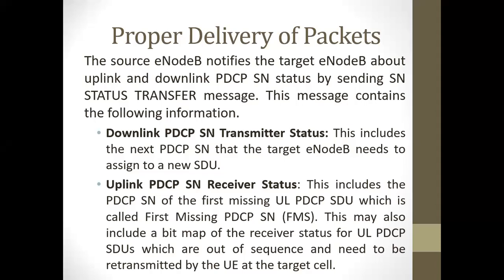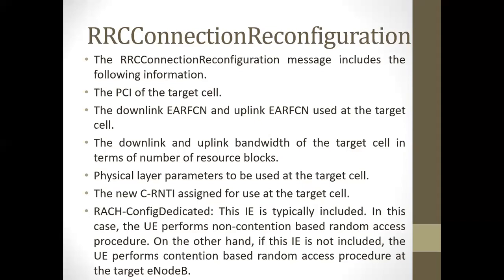Now, when you have acknowledged mode, it sends a sequence number status transfer, or SN status transfer, message. The source eNB sends it to the target eNB. And after transmission of this message, it starts forwarding data to the target eNB, as we saw there.